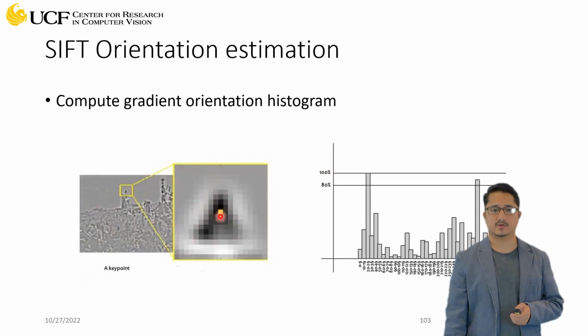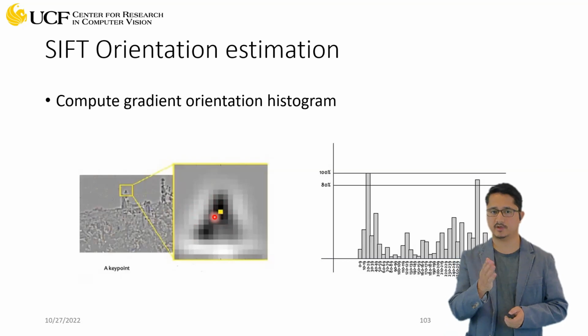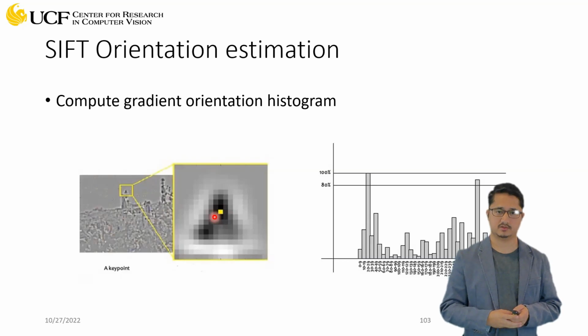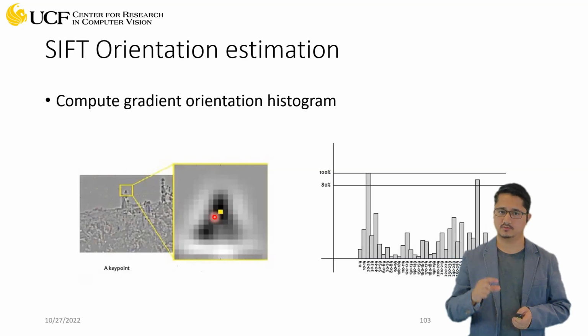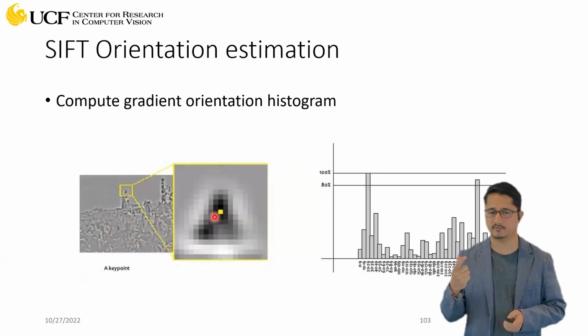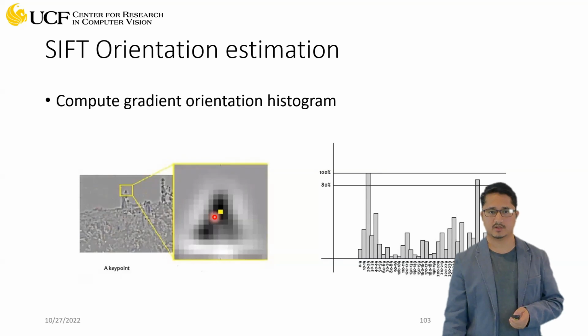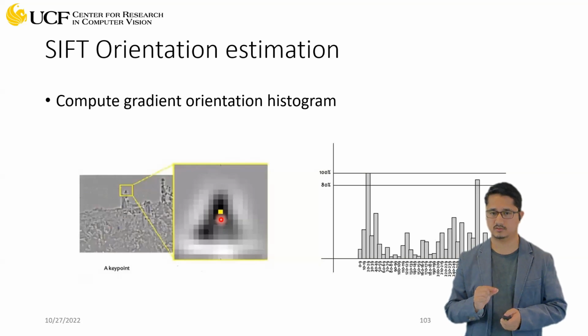Then what happens is, for each pixel location, when you perform filtering, you can compute the gradient orientation. You find the gradient in the X direction and the gradient in the Y direction, then compute the orientation the same way you did for HOG features. That way, for each pixel location, you will have some kind of orientation.